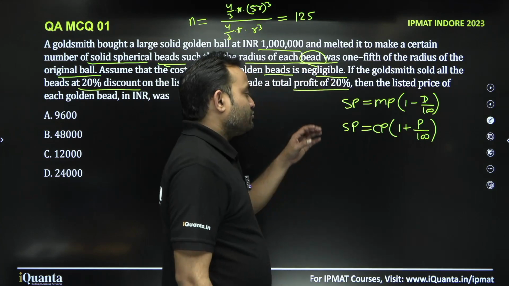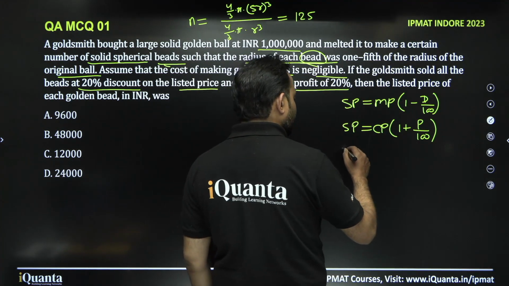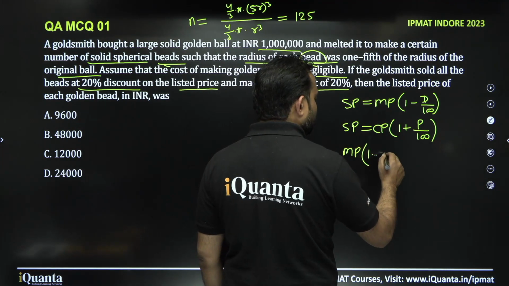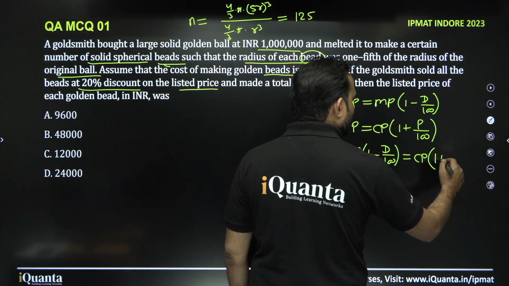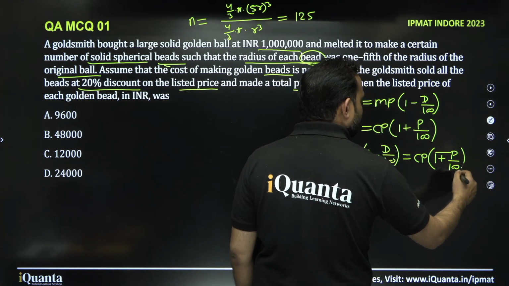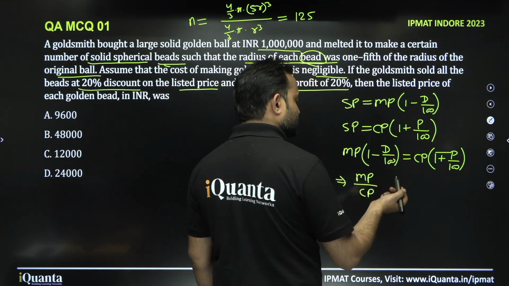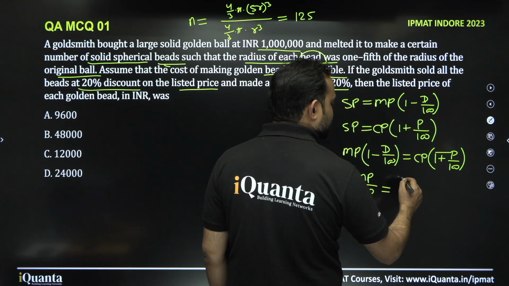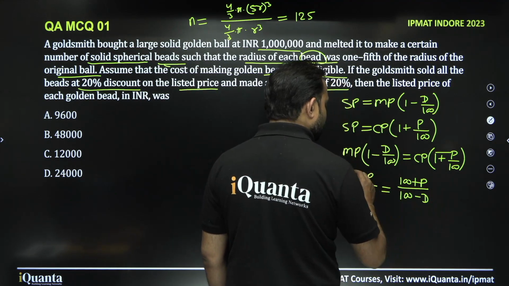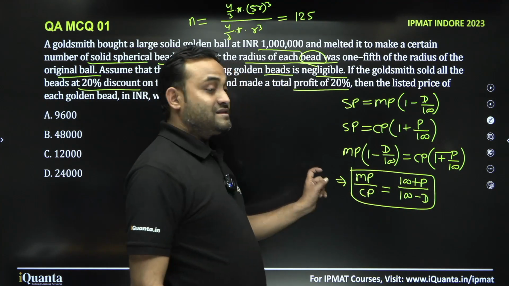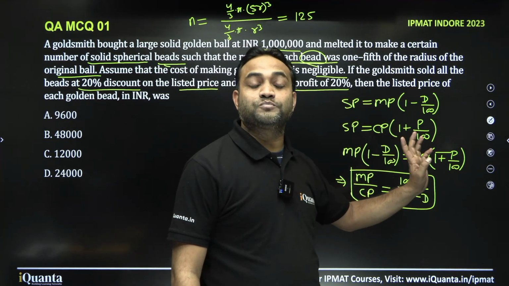Both left hand sides are equal, so the right hand sides should be equal. MP into 1 minus d by 100 is equal to CP into 1 plus p by 100. From there, MP upon CP is equal to (100 plus p) divided by (100 minus d), as the 100 cancels out. This is the relation between MP and CP if profit percent and discount percent are given.